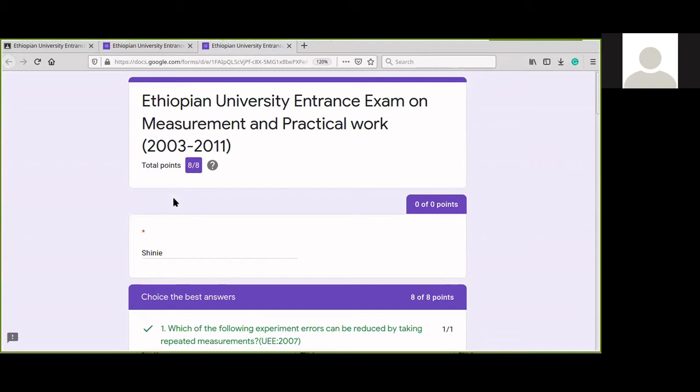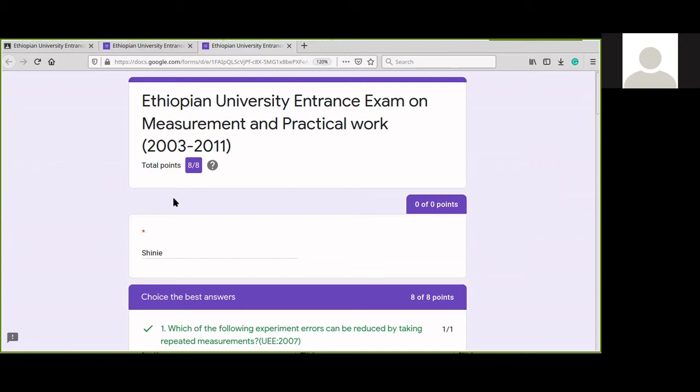You can see there what a significant figure is. What is percentage uncertainty? Percentage uncertainty is given by the uncertainty divided by the measured value times 100%. How can we measure the uncertainty?